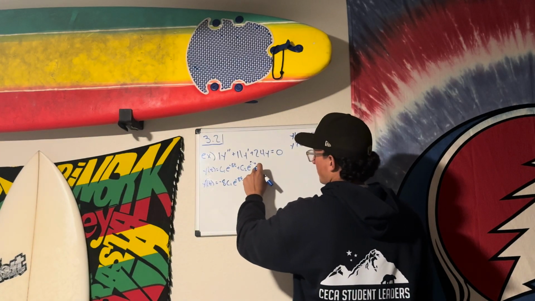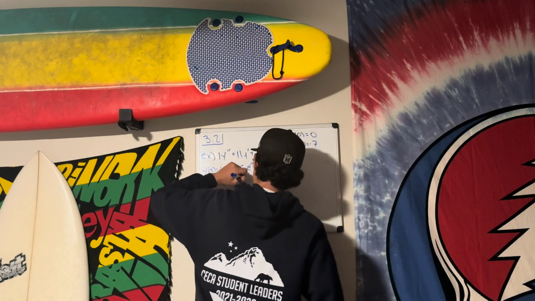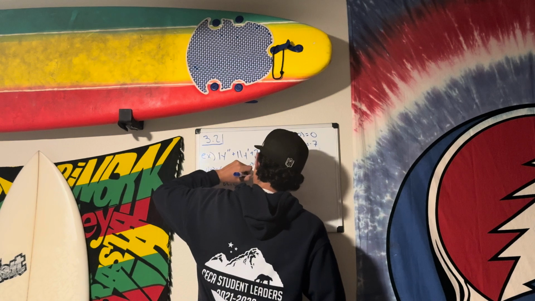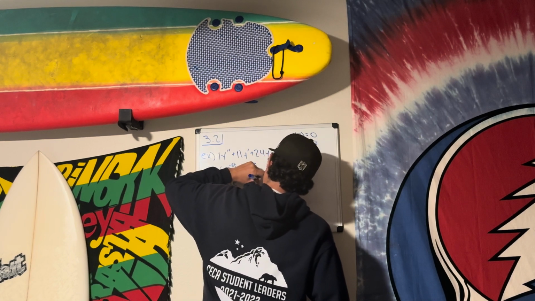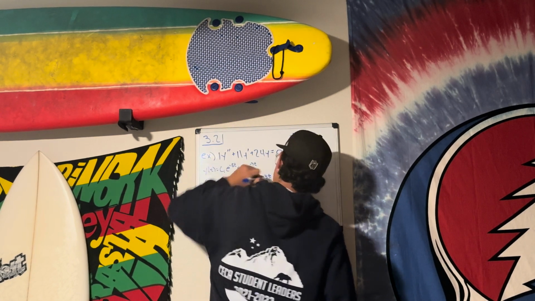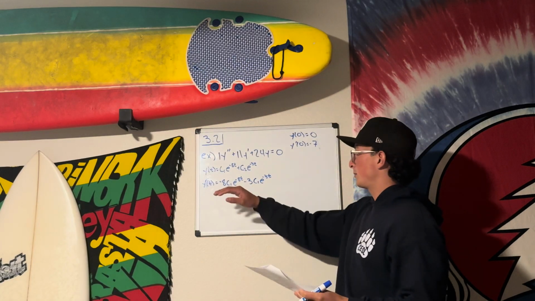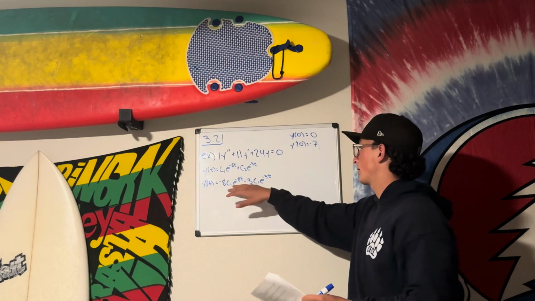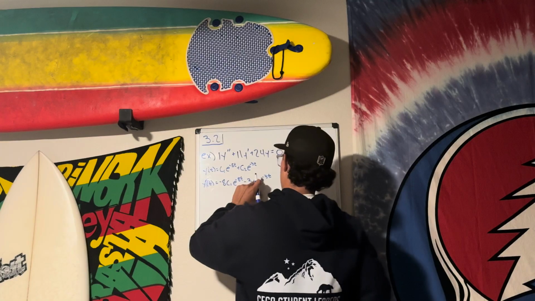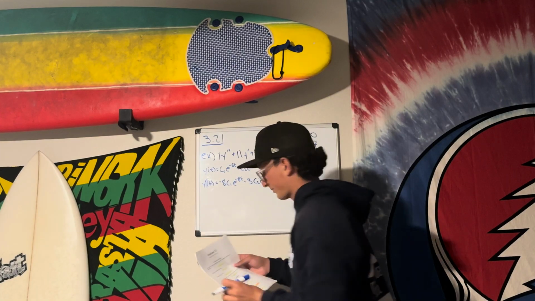Same goes for this. You multiply that negative 3 down, and it equals negative 3 c2 e to the negative 3t. So now we have our two equations to allow us to solve for our constants c1 and c2.